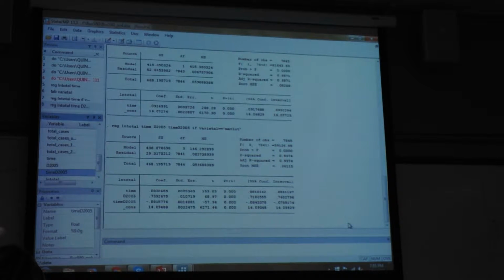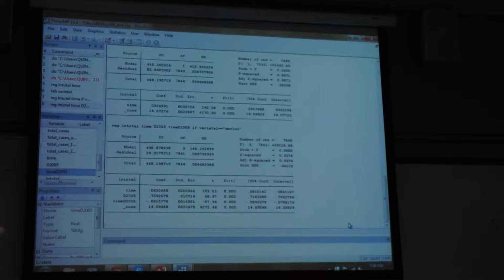But the main point I want to make is, does that positive coefficient make sense? It makes sense if that line either flattens or goes negative. And I made it go negative because I wanted to emphasize the fact that it's going to shift that intercept up if that changes, right?